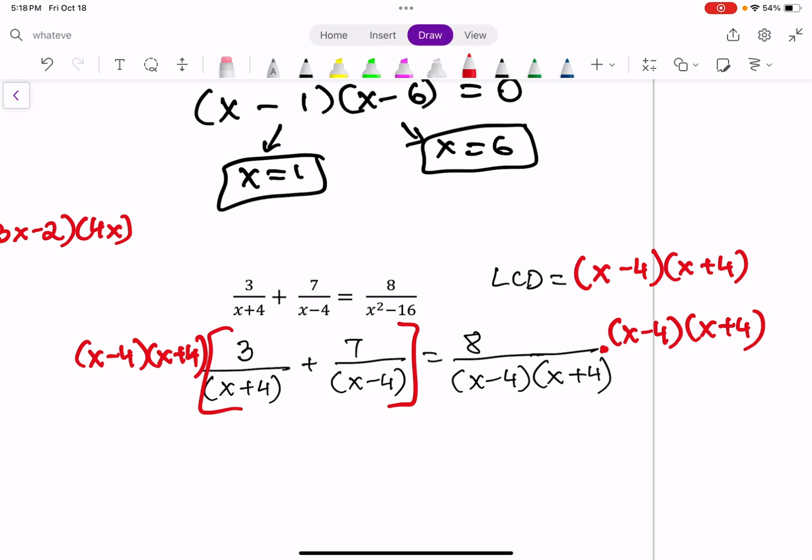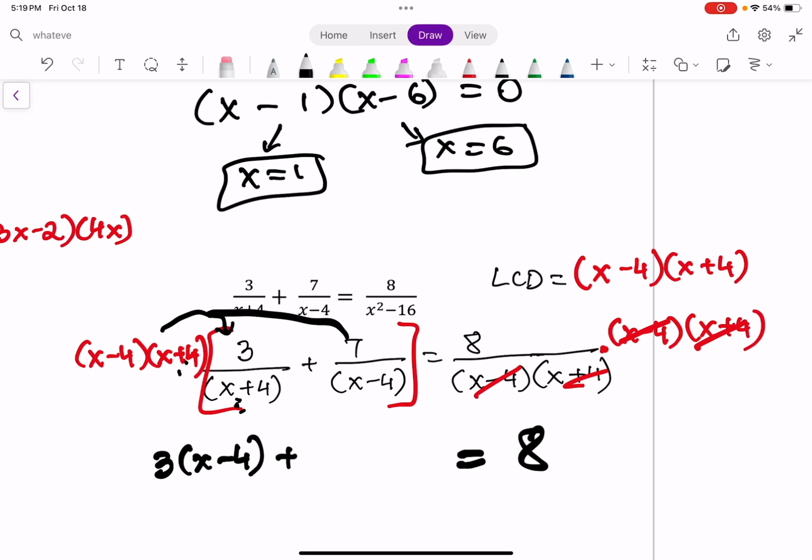Okay. Now, of course, on the right-hand side, x minus 4 and x plus 4 completely knock both those factors in the denominator away, leaving you with just 8. Here, if you think about it, the first fraction, the x plus 4 is gone, leaving you with a 3 and an x minus 4.